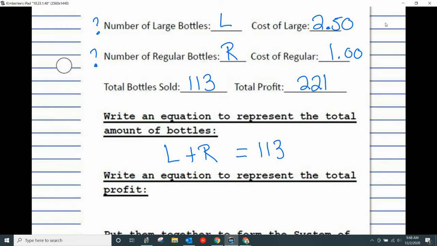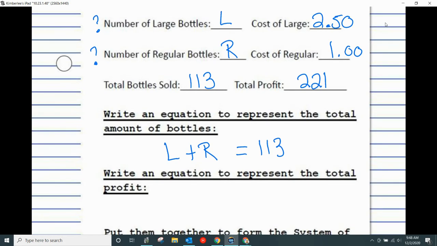The next one says write an equation to represent the total profit. Okay, I do know my total profit. It was $221. So I'm going to represent that with an equation. Well, I know that my large bottles cost $2.50.